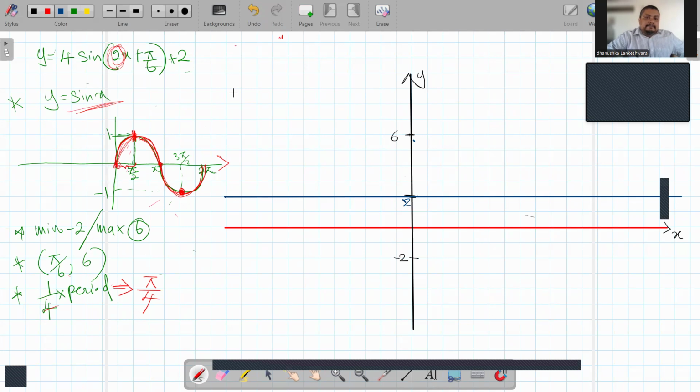We consider 1/4 of the period and the starting x value. In this case, 1/4 of the period is pi over 4, and the x value of the commencing point is pi over 6.